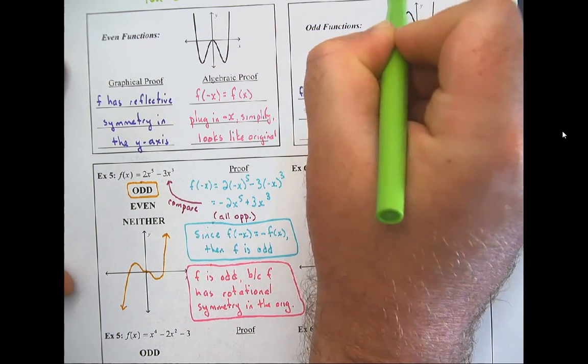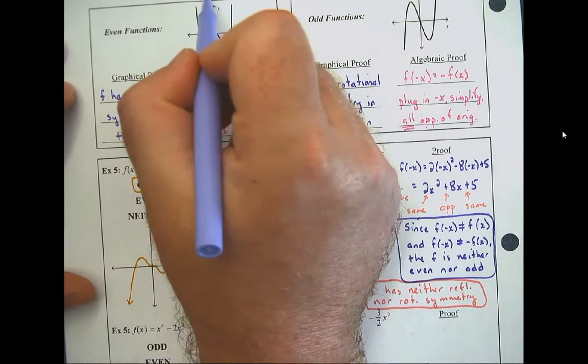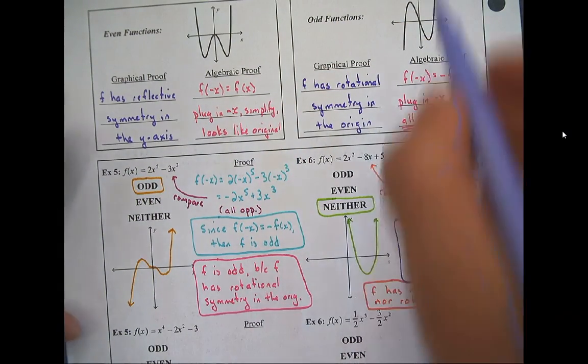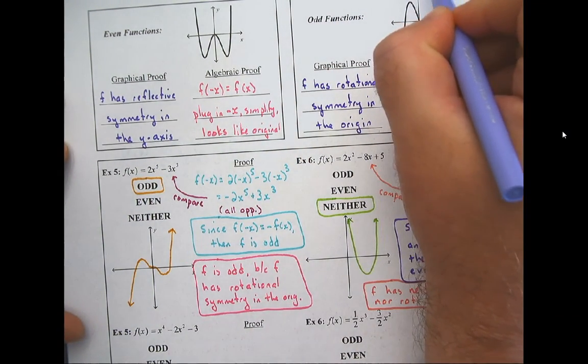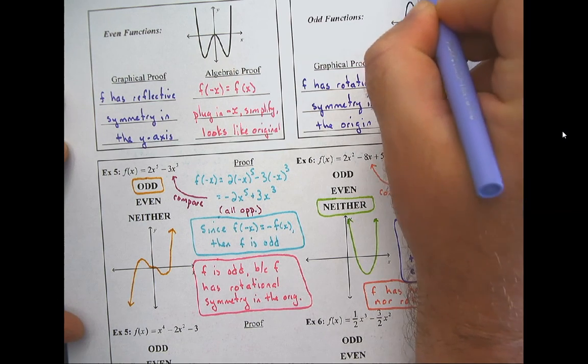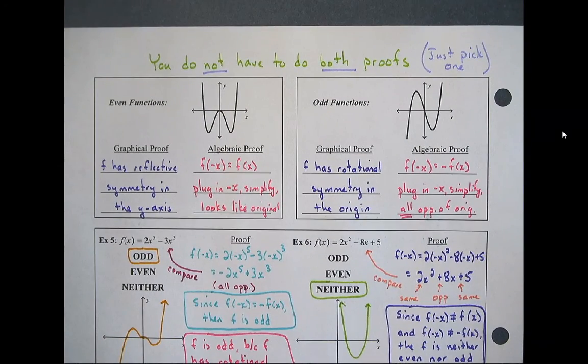You do not have to do both proofs. Pick one and go with it. Once you've proven it one way, you don't have to reprove it the other way.